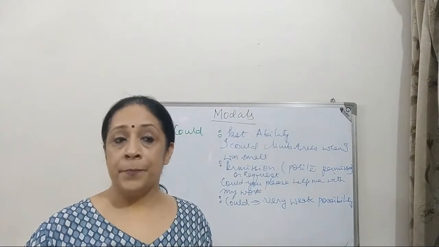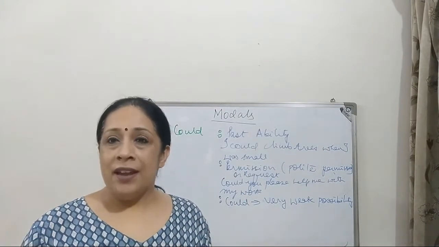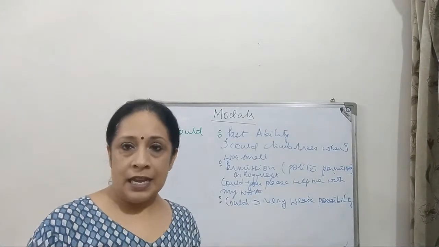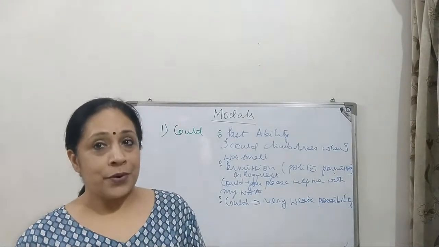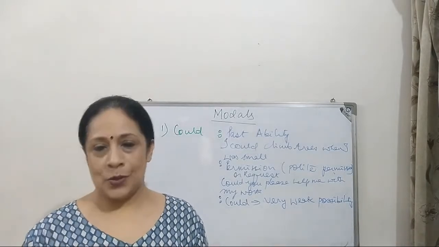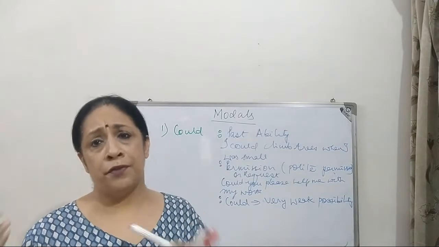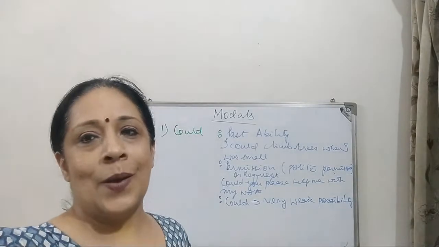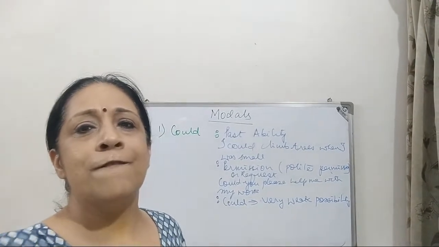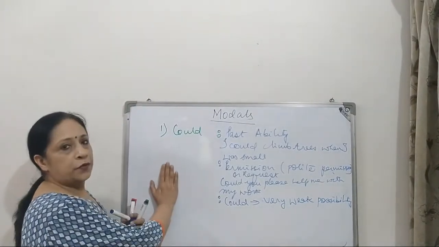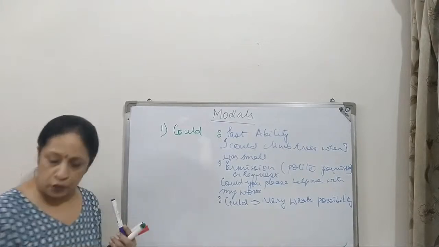If I say it could rain, if you say so, but it is sunny right now. It is sunny, but it could rain if you are saying so. So we are not sure, but all right, if you are saying so, then it's all right. So it is a very weak possibility. It is the weakest. Yes. So this was all the three functions of could.